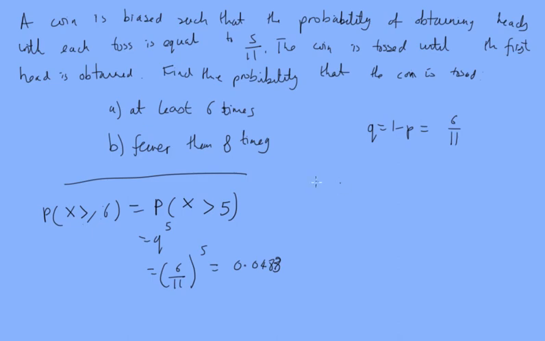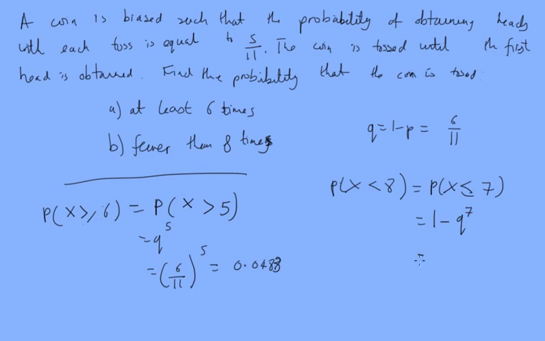And then the probability of fewer than 8 times, so X is less than 8, so that's equal to the probability of X being less than or equal to 7, which is 1 minus q to the power 7.